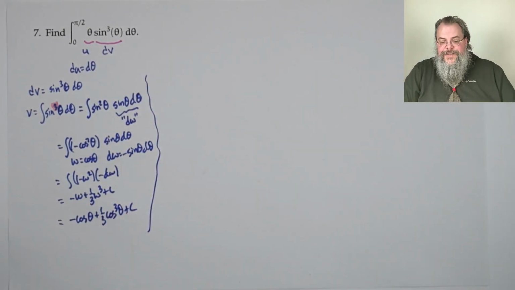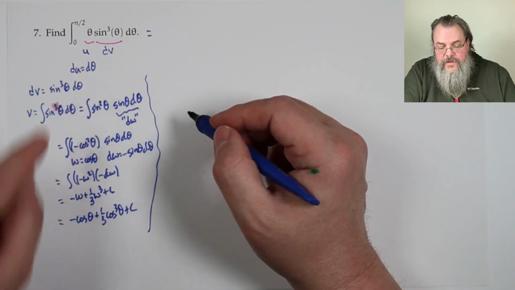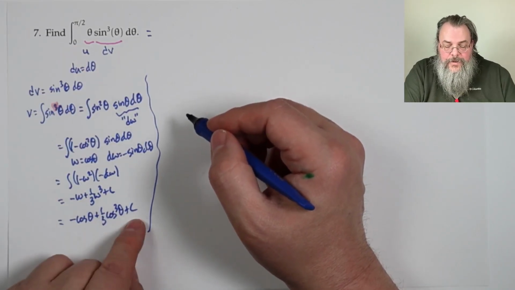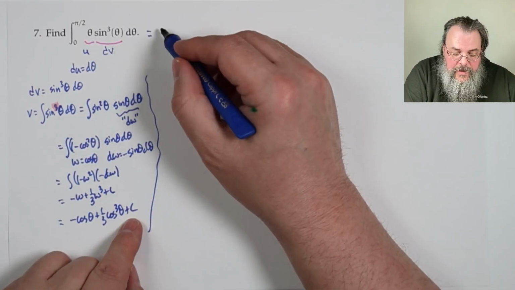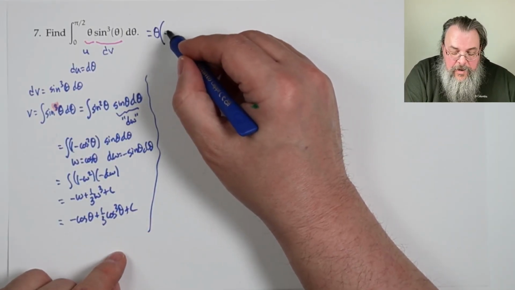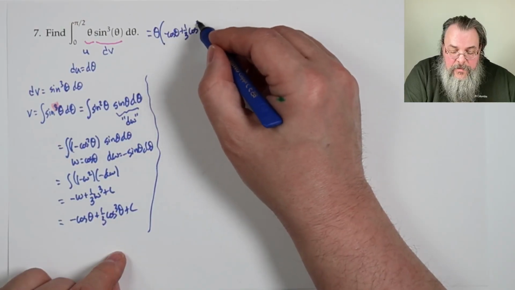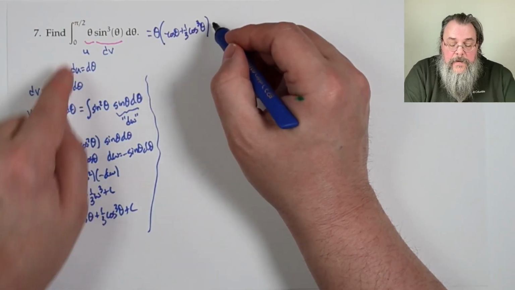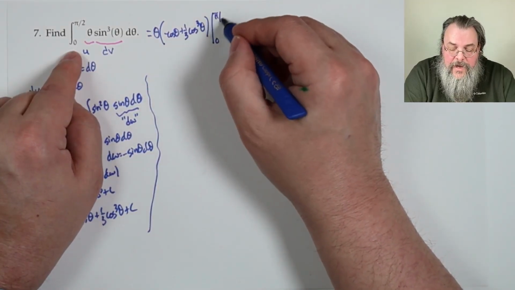All right, so we have u and v. Now, we don't need to use the c because we're doing a definite integral. So we get theta times minus cosine theta plus 1/3 cosine cubed theta, and it's a definite integral, so evaluate from 0 to pi over 2.